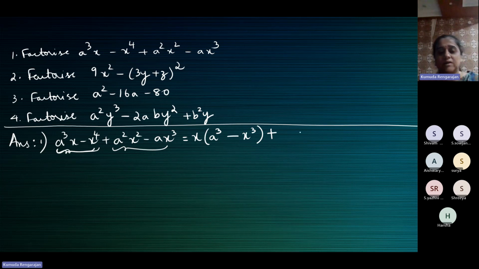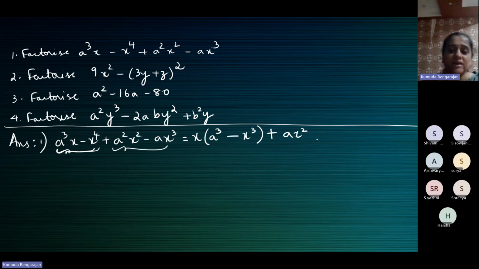A square, A. The least power is the HCF. A. And between x square and x cube, least power is 2. So the common factor is x square.